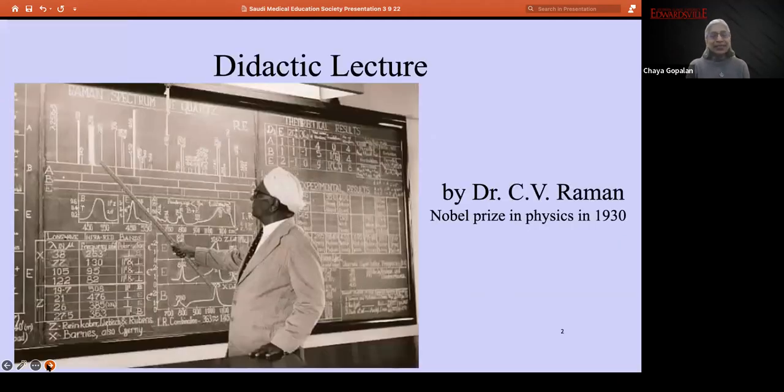Well, what you see here is the famous Dr. C.V. Raman, a Nobel Prize winner in physics in 1930. Take a look at the blackboard here and see how much work he has shared with the students in the classroom. So this is a didactic lecture.